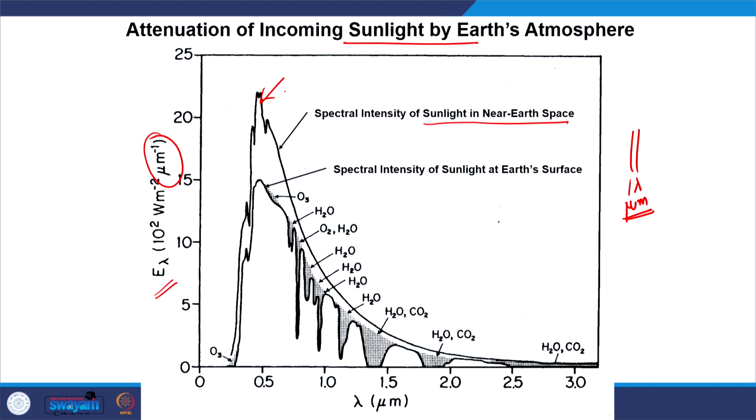But when you measure it at the Earth's surface, after the radiation travels the entire atmosphere, this is what you get. The difference is that the second one has less intensity, the energy it is carrying is less.